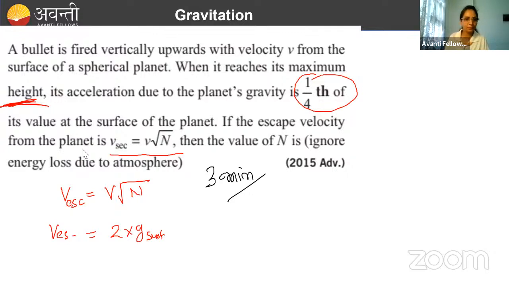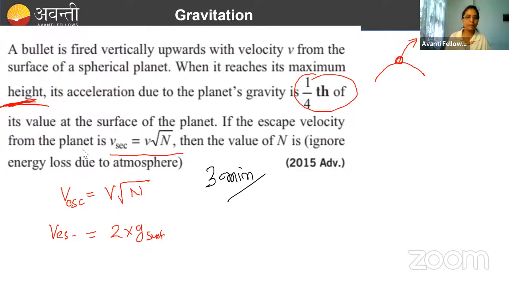If it is talking about escape velocity from the planet, in general, it means it is talking about a body on the surface of the planet, then its escape velocity, right? No special case it is talking about. It simply has written escape velocity from the planet.